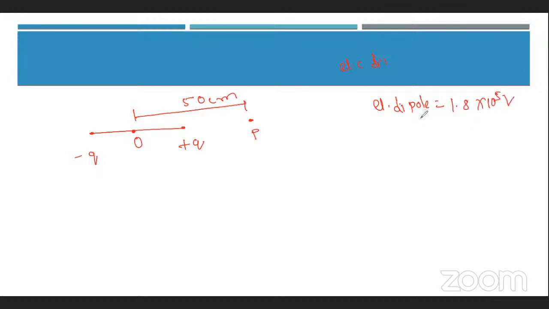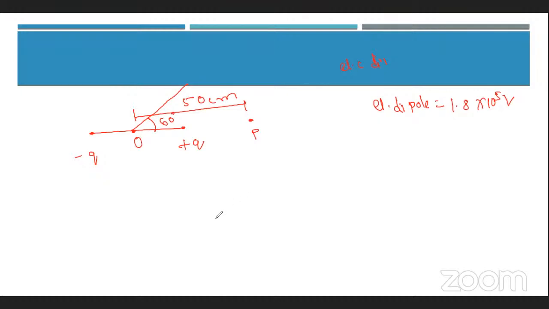From the center, if OP makes an angle of 60 degree with the positive side of the axial line, so we have OP here, and this is the angle it makes. There's an angle of 60 degrees being made over here. Theta is 60 degree. So what is the moment of the dipole?